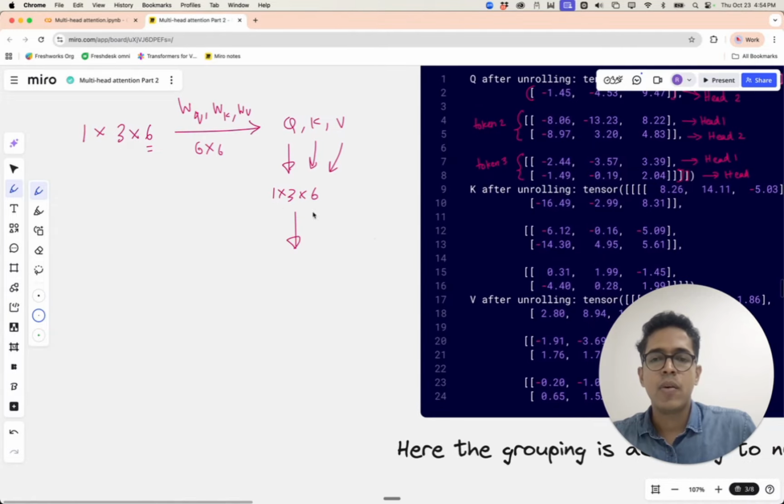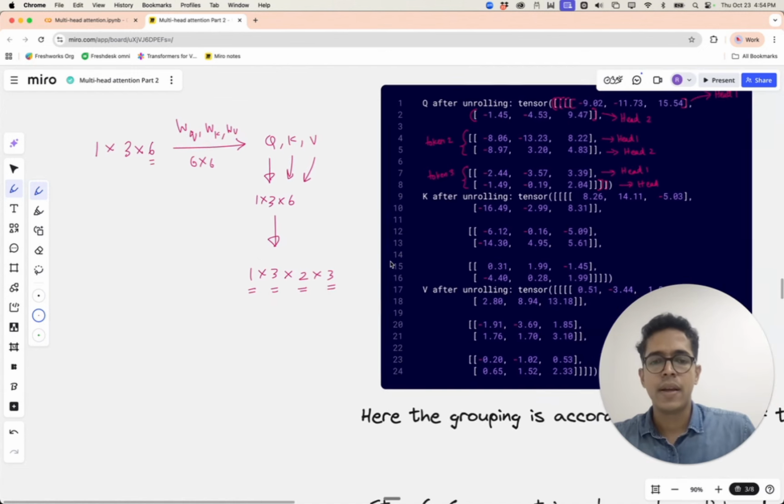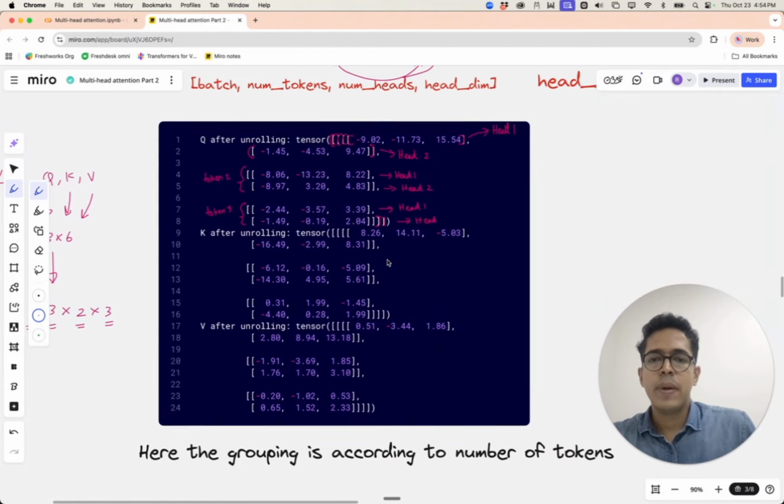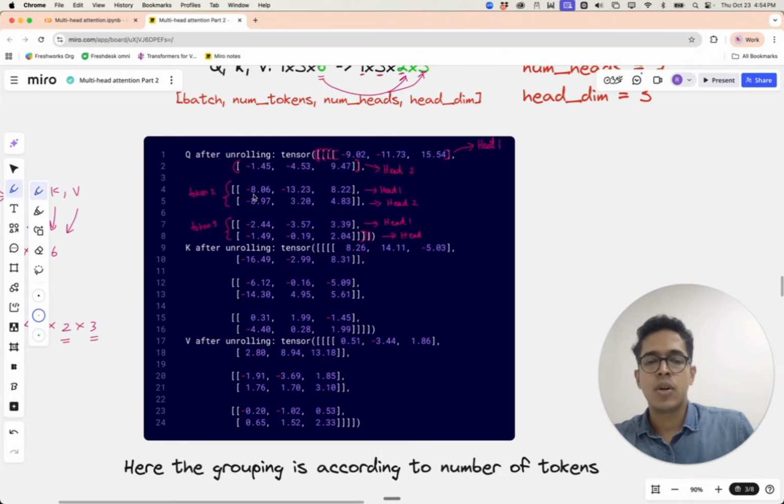Then we said we will now unroll this. 1 by 3 by 6 should become 1 by 3 by 2 by 3, where 3 is the dimensionality in each attention head, 2 is the total number of attention heads, 3 is the total number of input tokens, and 1 is the batch size. Now, if you notice, the grouping is happening based on tokens.